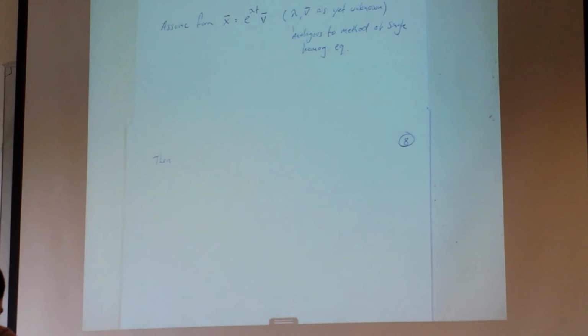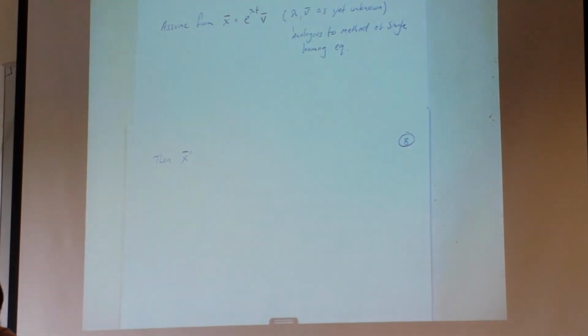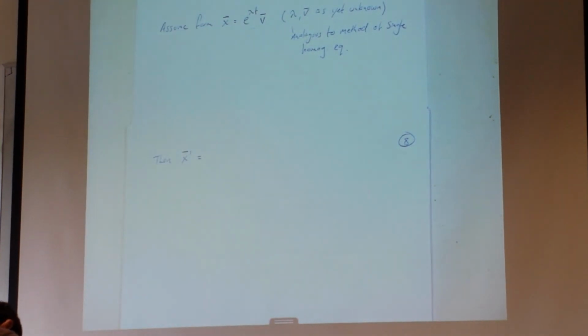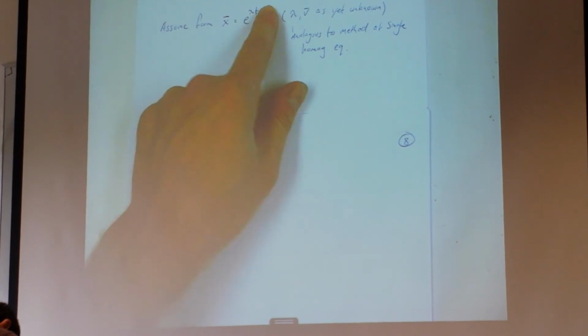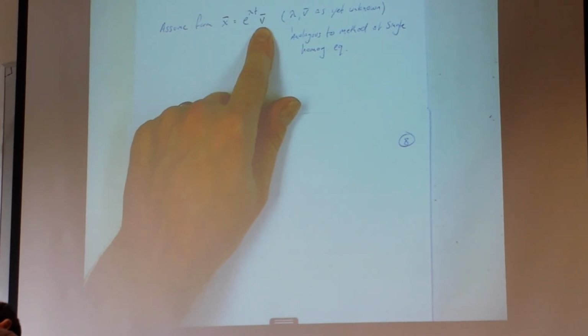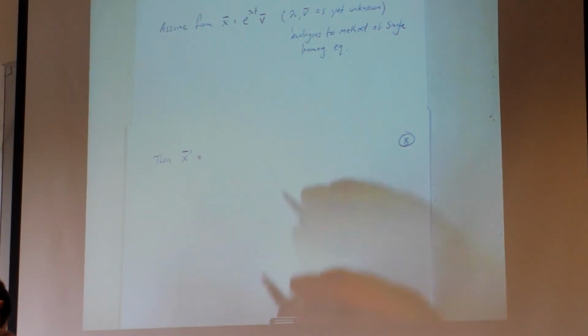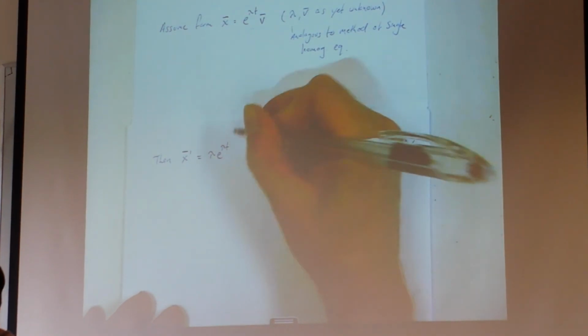All right. So if we assume that form, let's see what results. If we differentiate x bar prime, well, the derivative of a vector function is the derivative of each component, right? The part on the outside is just going to be lambda e to the lambda t, and v is a vector of constants. So if you do that in each component, lambda pops out, e to the lambda t times v.